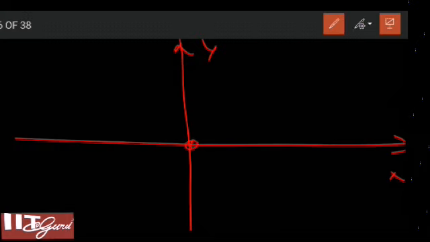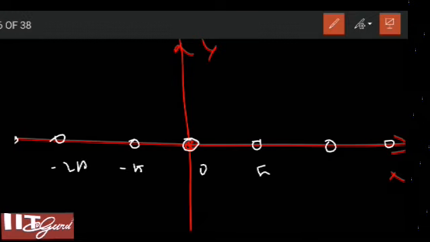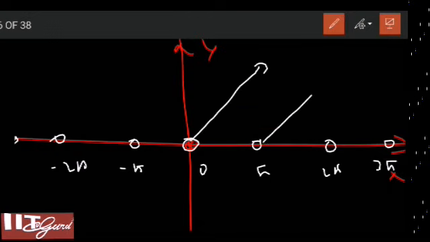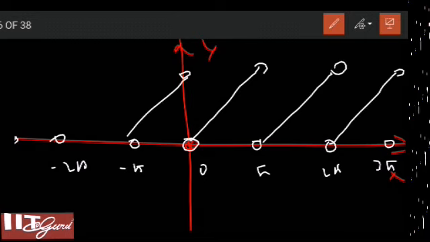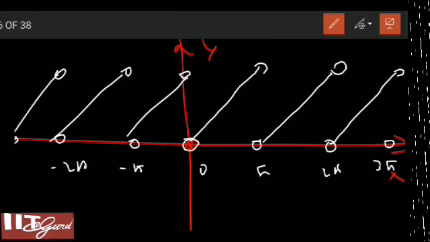So at every multiple of pi, we have to make holes. 0, pi, 2 pi, 3 pi, and let's say minus pi, minus 2 pi, and minus 3 pi. We will lift the graph this way, y equals x, and hence like this. So these are the graphs of cot inverse cot x.